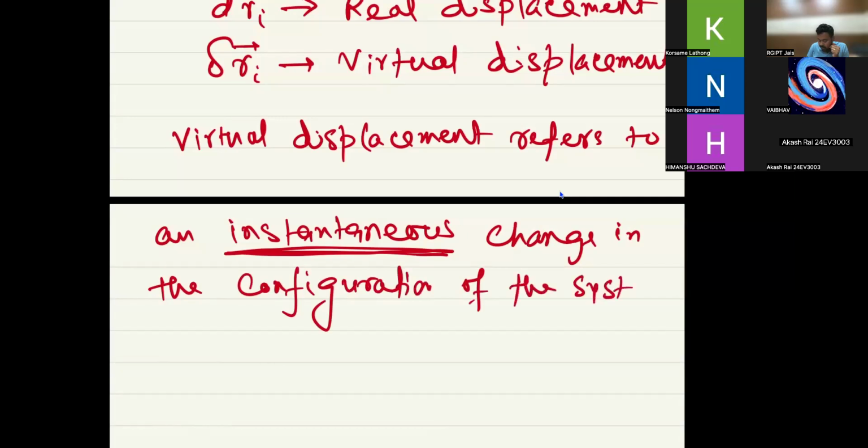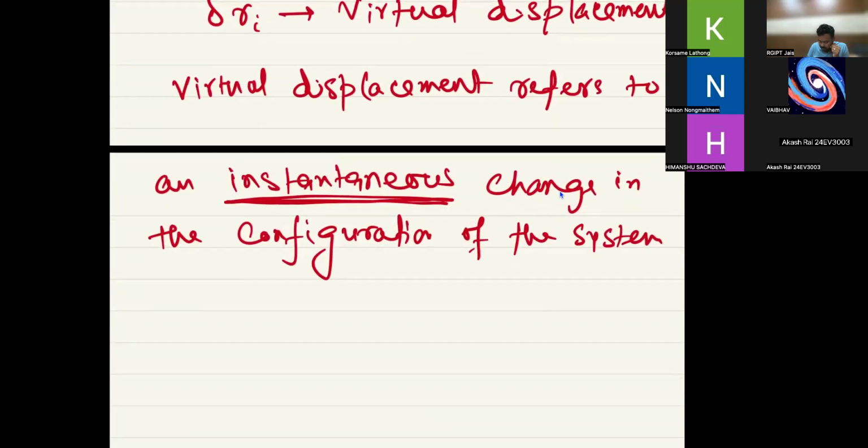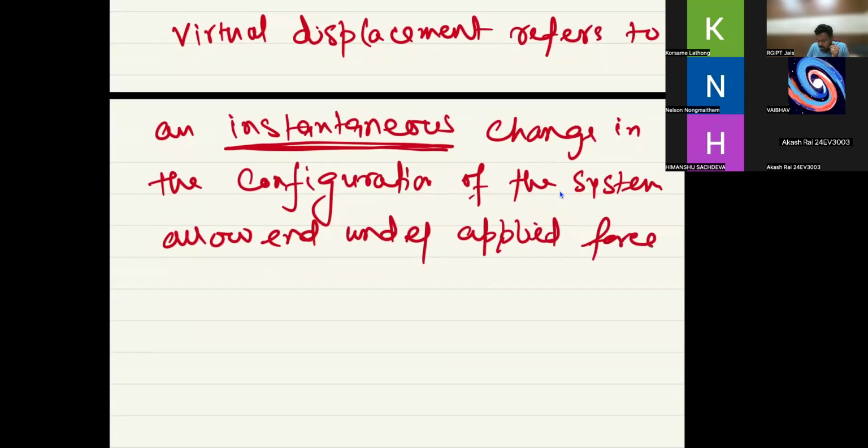Configuration of the system allowed under applied forces and constraints.